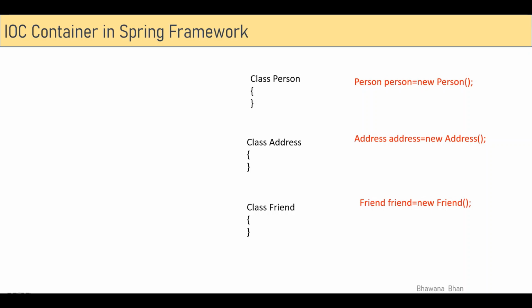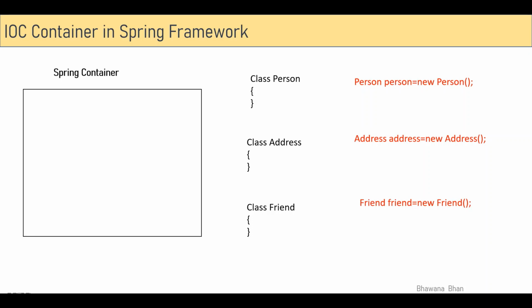Okay, now what is the IOC container? It is inversion of control, which means now we are not responsible for creating the object. What we are going to do is, the Spring container is going to help us by providing the object. The Spring container is going to create the object for us, and manage the object for us.